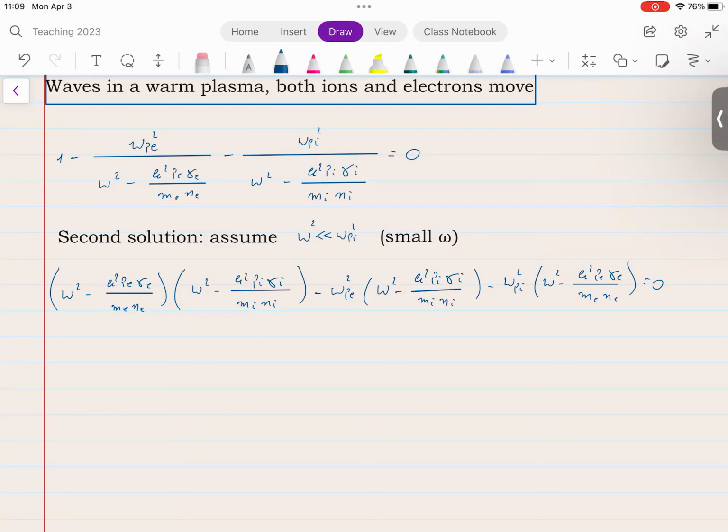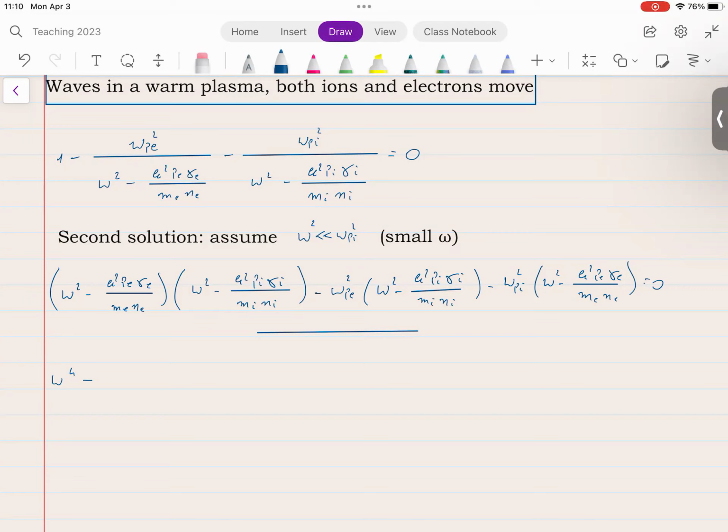Okay, I'm going to do just one more step. By expanding the first term, the product, here I get omega to the fourth minus, you see that I have omega squared that multiplies the two terms that both have k square p and so on.